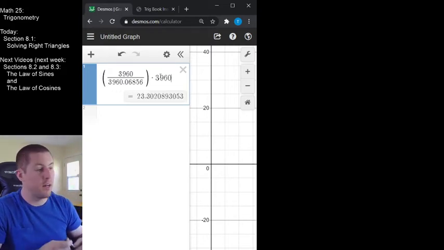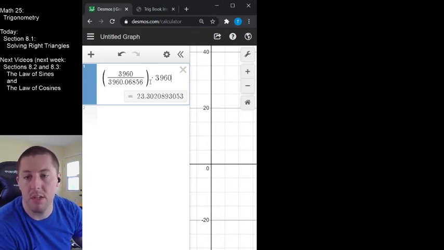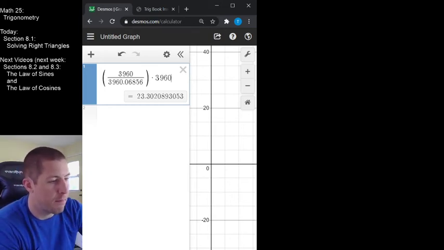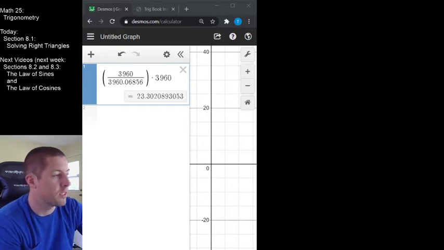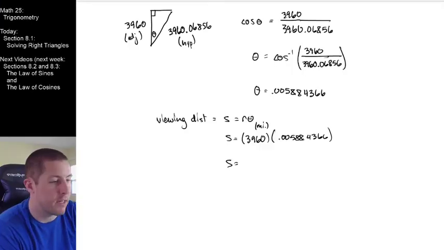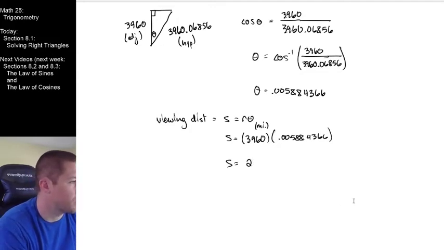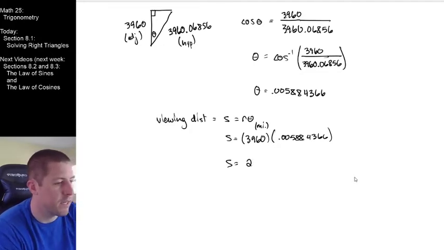And what we're seeing here is we're getting about 23.3 miles right here. This is our total viewing distance, because this is a mile measurement right there. So it looks like 23.30 miles is our final answer here. Sorry, 23.30, yeah.